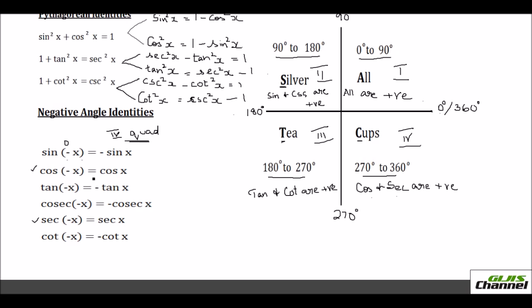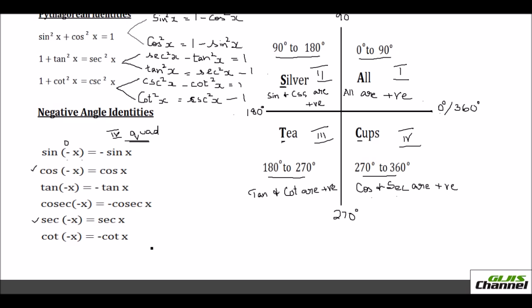Cos is cos, but it is positive since it is in the fourth quadrant. You can fix the sign later. First you write as it is. Your sine is sine, cos is cos, tan is tan, cosec is cosec, secant is secant, cot is cot. And finally, since it is in the fourth quadrant, you can make the cos and the secant positive and all the rest negative.